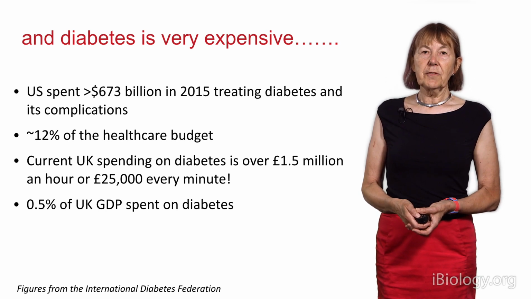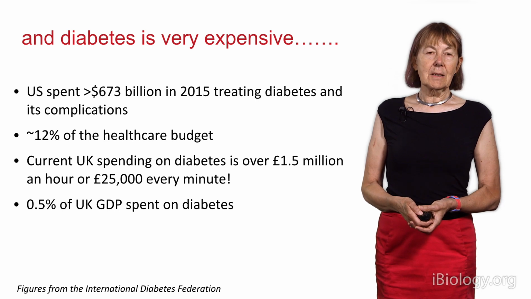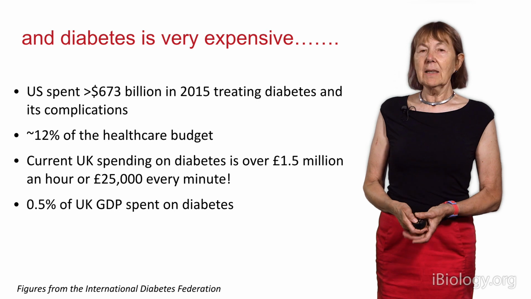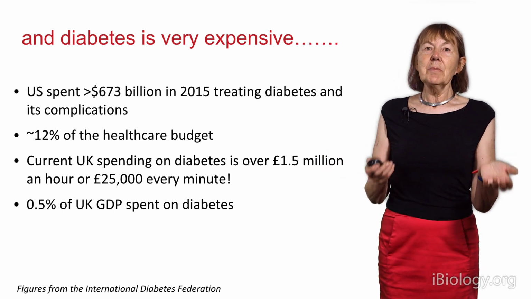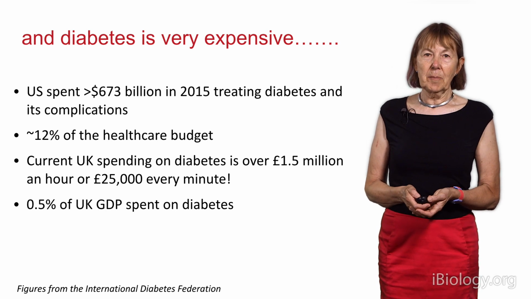That's around 0.5% of the UK GDP. These numbers are set to increase annually because of the rise in diabetes. And they're clearly unsustainable. It's simply unrealistic for a country to spend almost all of its healthcare budget on diabetes.